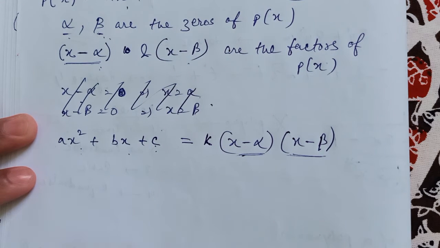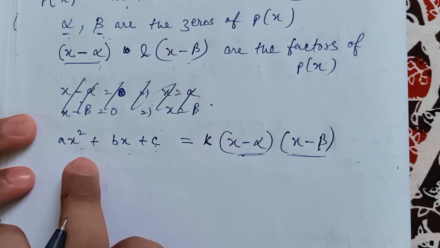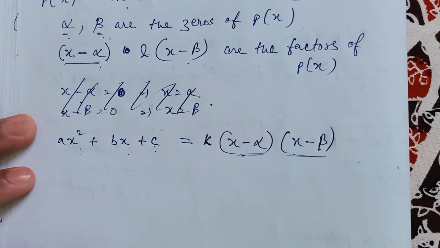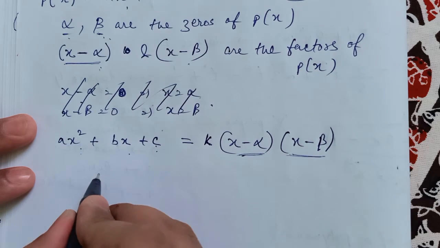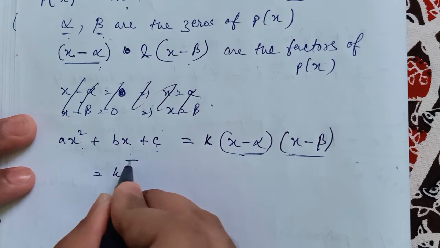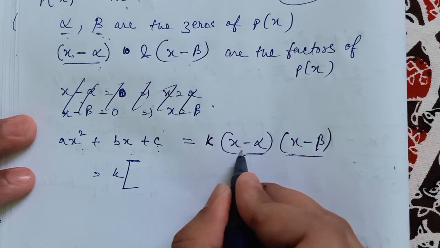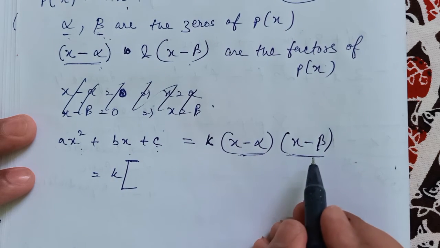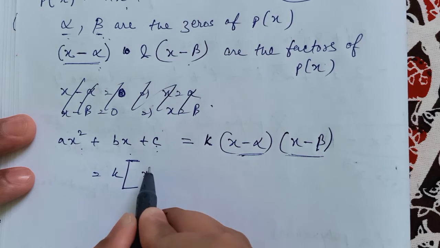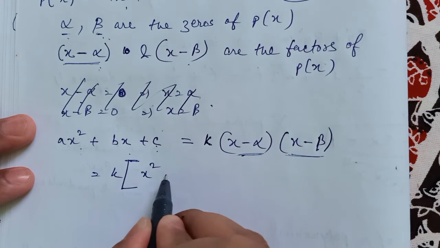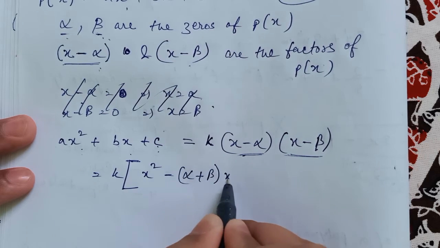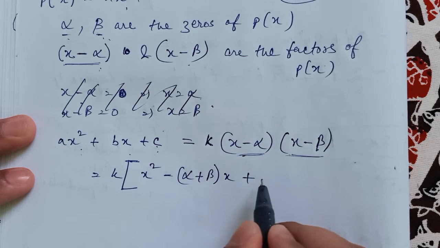So upon factorization we can write k times (x minus alpha)(x minus beta), and doing the middle term, you will have x squared minus (alpha plus beta)x, which is the form of the middle term. I hope you are getting it.